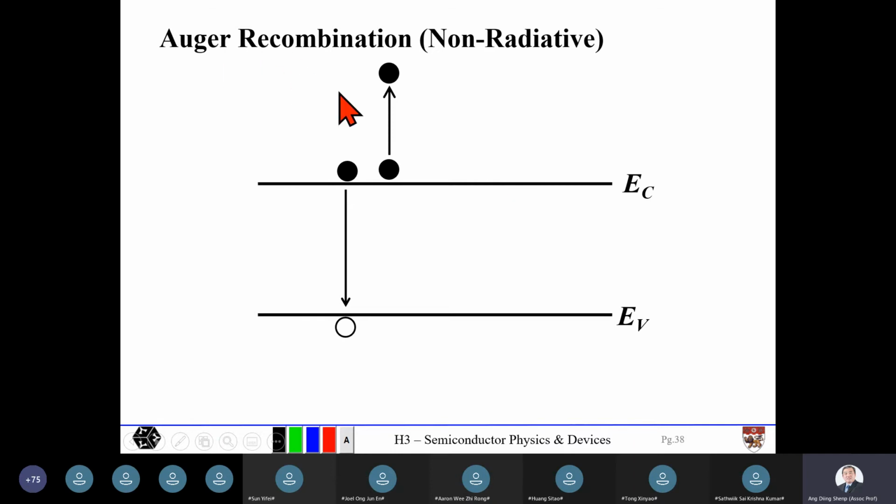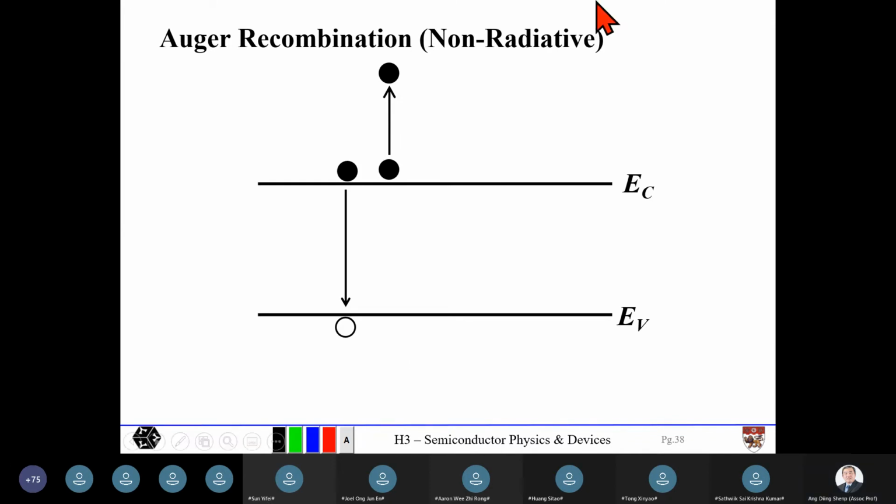Since Auger recombination is a three-particle process, the probability of it happening under normal circumstances is low. It only becomes important when the number of electrons or holes becomes higher.